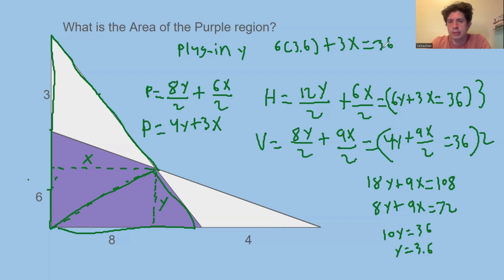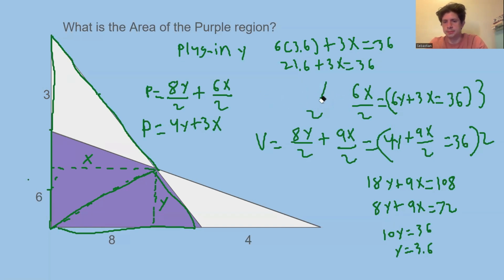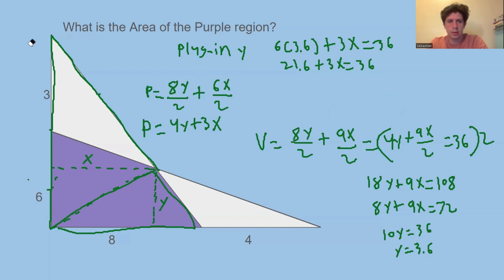And then that will get us 6 times 3.6 is 21.6 plus 3x equals 36. I'm going to erase this step here. And then I'm going to do 3x.